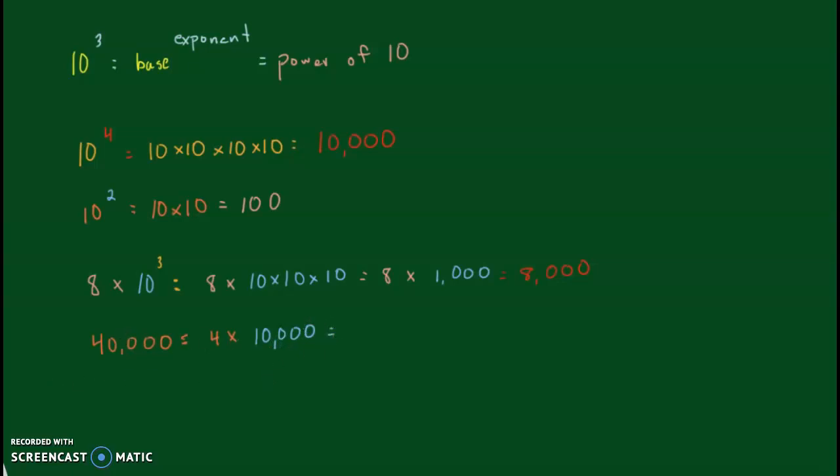And from there, it's going to be 4 times, and 10,000 is 10 times 10 times 10 times 10. So that's going to be 4 tens multiplied together. 10 times 10 times 10 times 10. And now we can use our exponents, and we're going to end up with 4 times 10 to the fourth power.